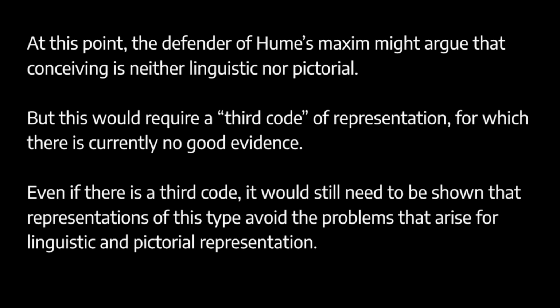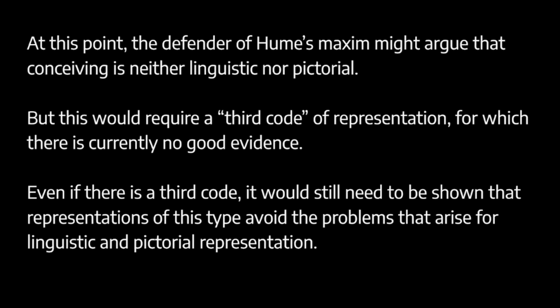And I suppose, if we just reflect on cases where we imagine things, it doesn't seem like there's a third code. We have quasi-linguistic thoughts, we have quasi-sensory mental images. What's the third thing? I suppose maybe we can postulate things beyond this. Maybe emotions count as something different, but there doesn't seem to be anything beyond this that could do the job of Hume's maxim that conceivability is a guide to possibility.